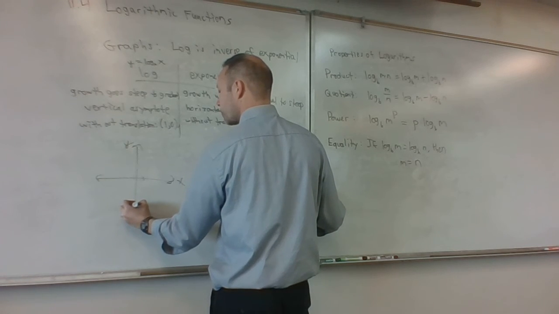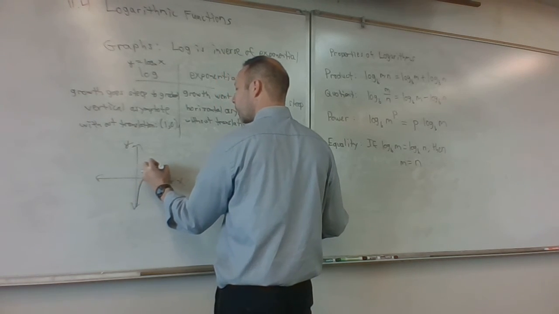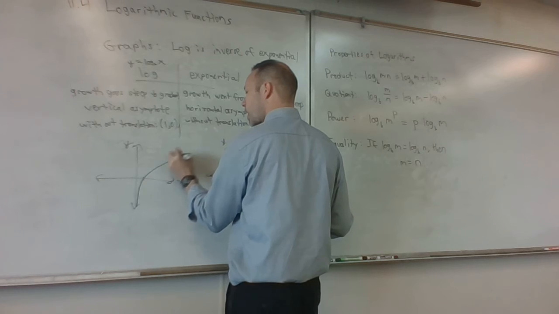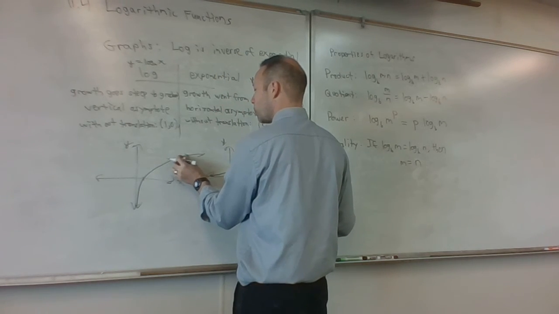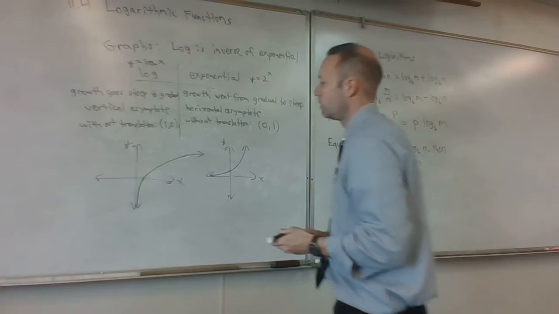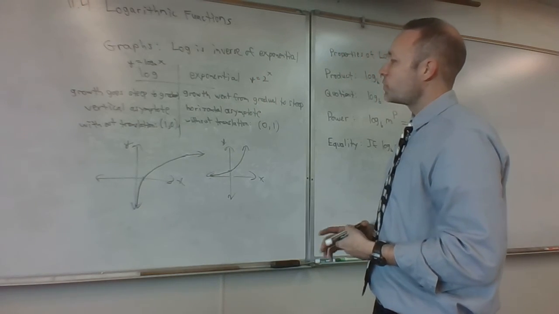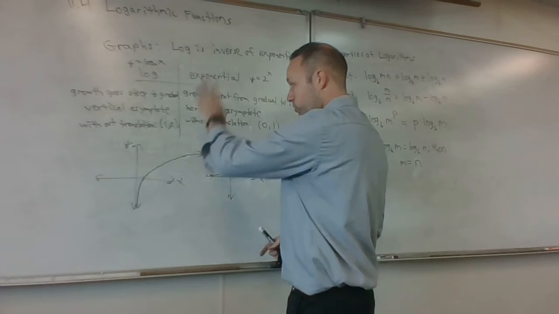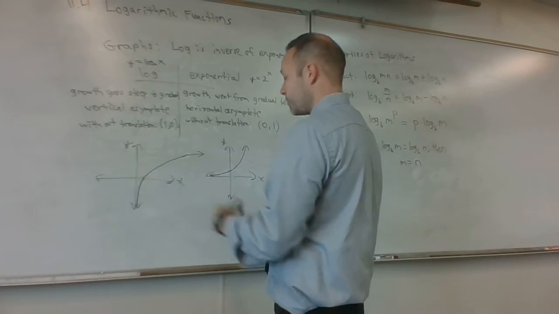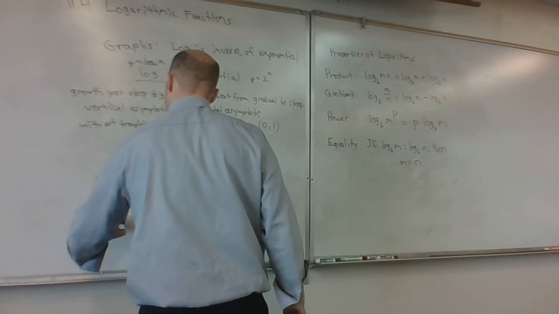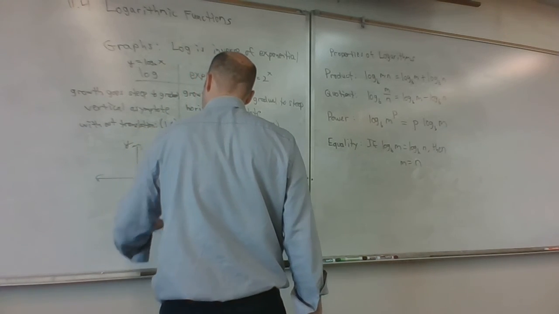My growth is going to start out steep, and then my growth gradually levels off. And it gradually gets more and more level, more and more horizontal. Okay? So now my range is all values, but my domain is greater than 0. So here my domain is x is greater than 0.